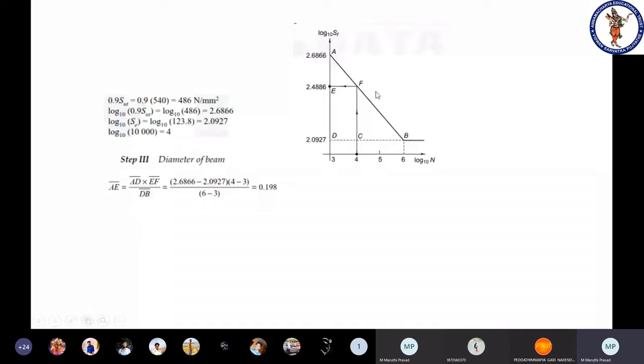So you need the AE value. Again, by using the similar triangle property, AE by AD is equal to EF by DB. So AE is equal to AD into EF by DB. The AE value is 0.198.